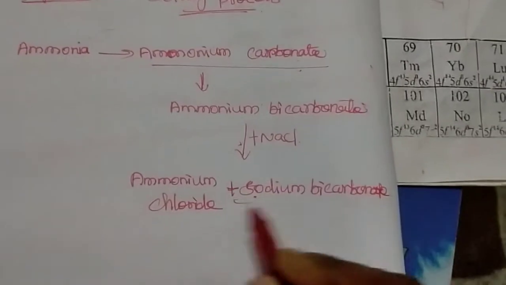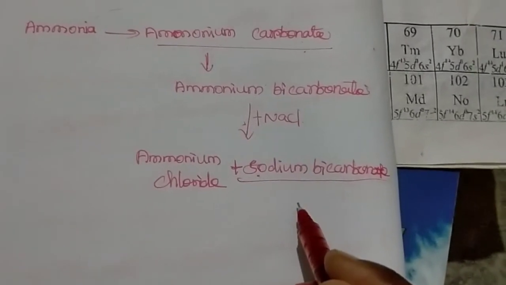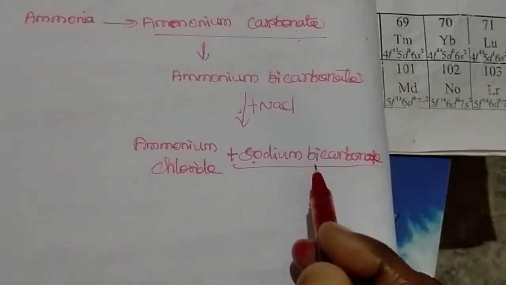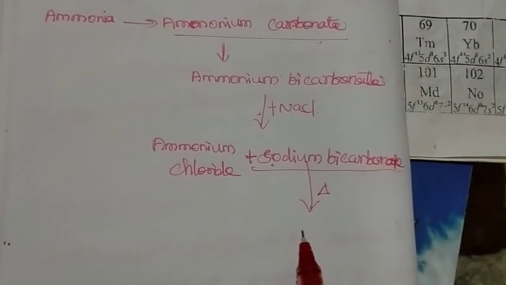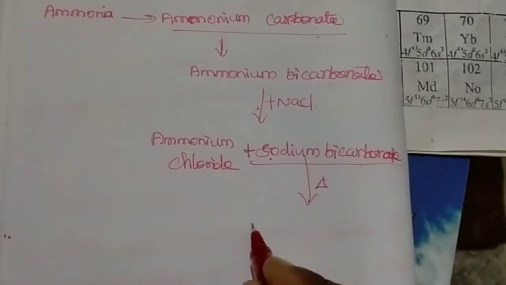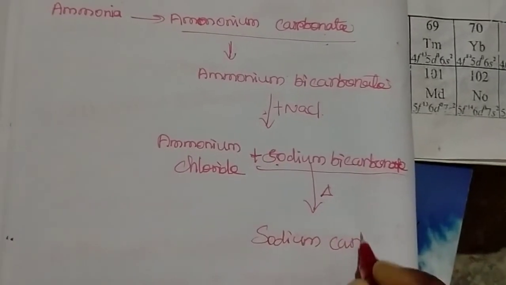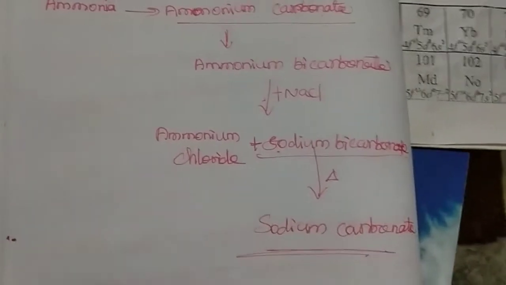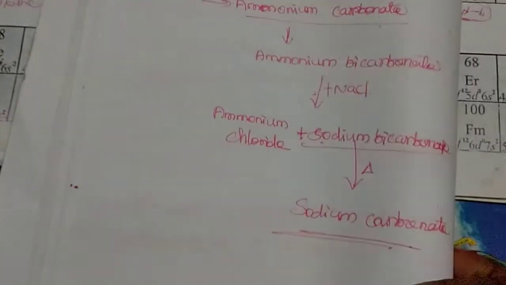The precipitated sodium bicarbonate is isolated and heated. Because of this heating, the sodium bicarbonate produces sodium carbonate. So we got sodium carbonate as the major product. These are all the steps involved in the preparation of sodium carbonate.